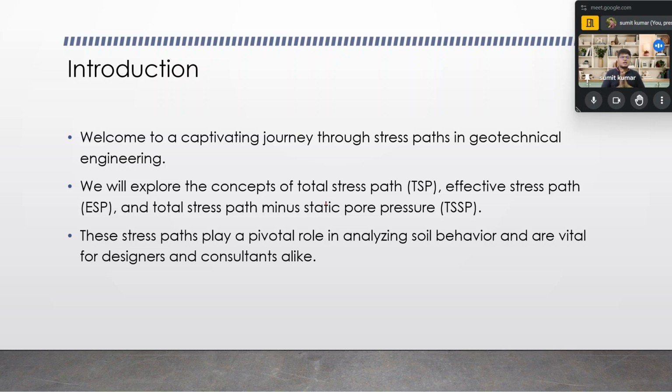The total stress path minus the static pore water pressure results in the effective stress path, and this was discussed very briefly earlier in the Geotechnical Engineering 1 course, in chapter 2, where you studied total stress, effective stress, and pore water pressure. Over there you got a slight idea about these concepts, and we are talking about them in detail over here.